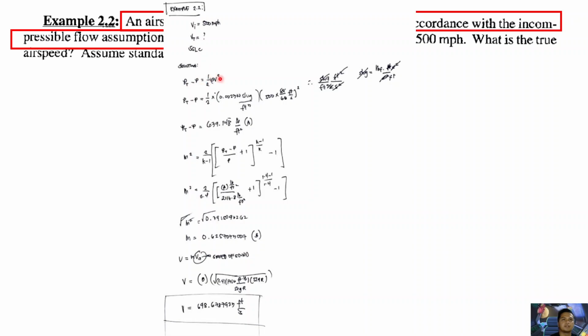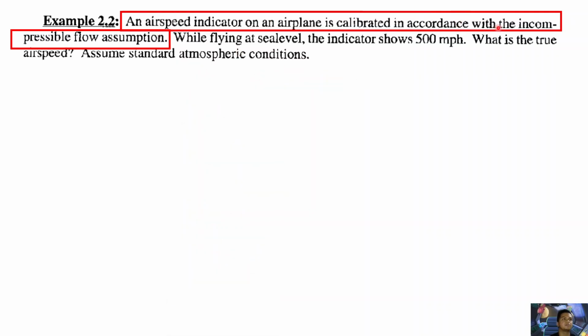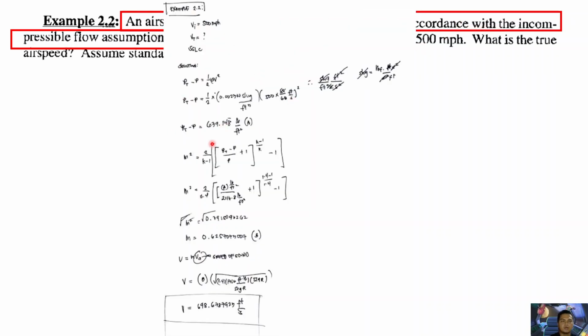So, we have 1/2 rho V squared, and that is 1/2 times 0.002377 slug per cubic foot times 500 times 88 over 60 squared. That is 639.148 pound per square foot. Why do we use incompressible again? Because the problem said so. Once we have that, we input it into our compressible flow equation.